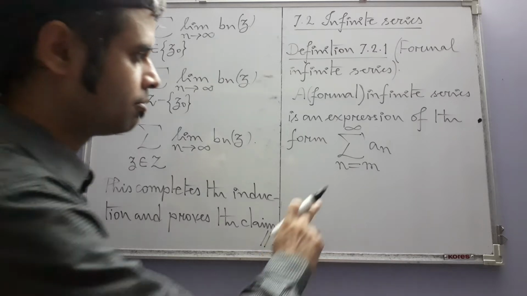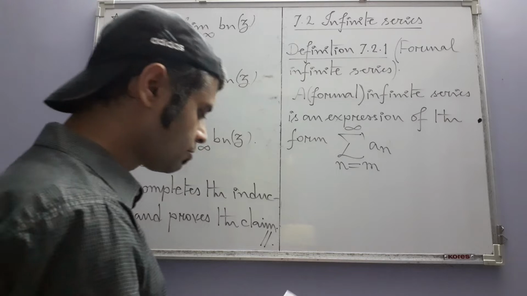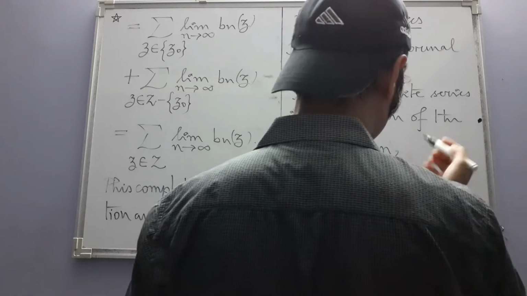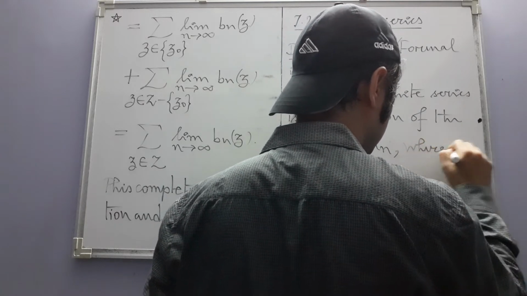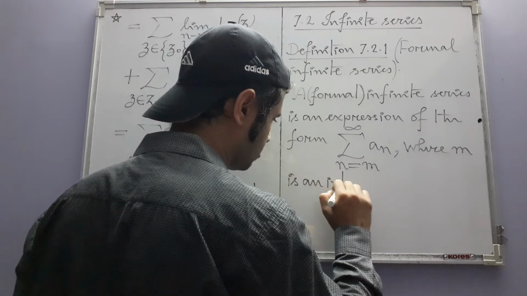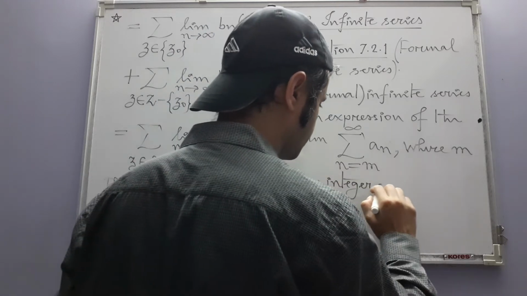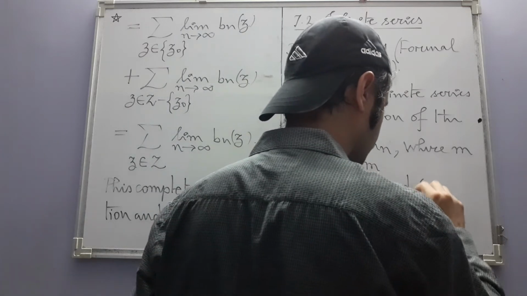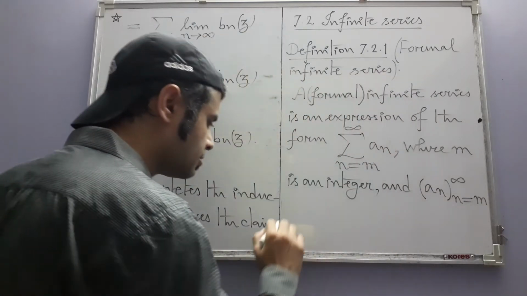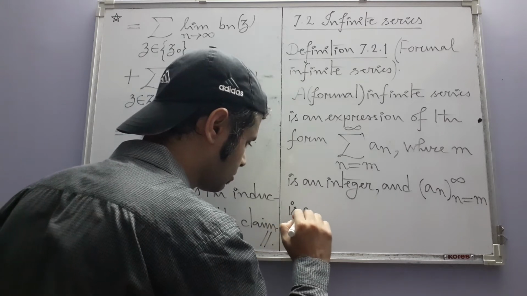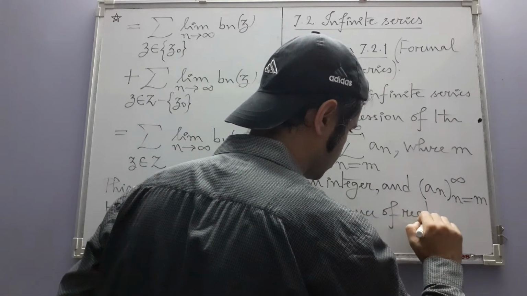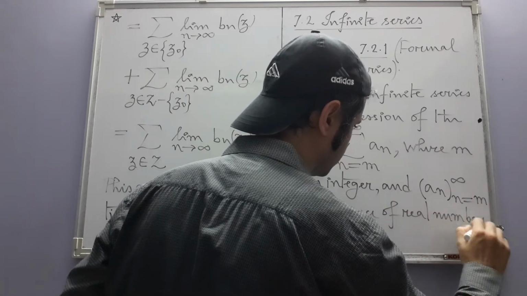Okay, now we are going to say what these parts of the symbol are, where m is an integer, usual things, and this a_n is a sequence of real numbers.